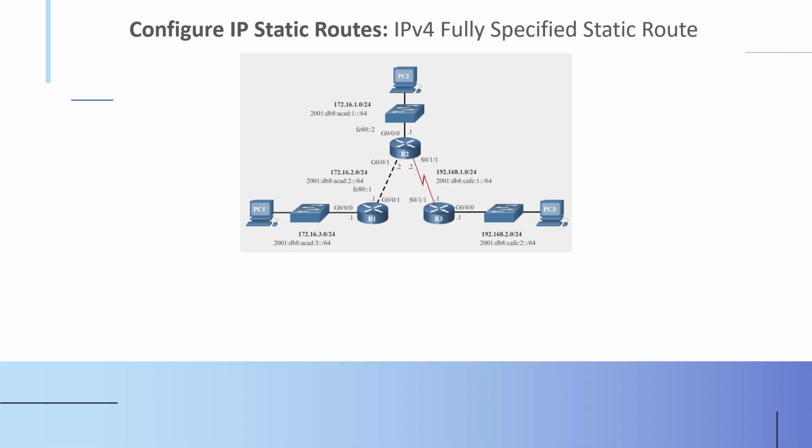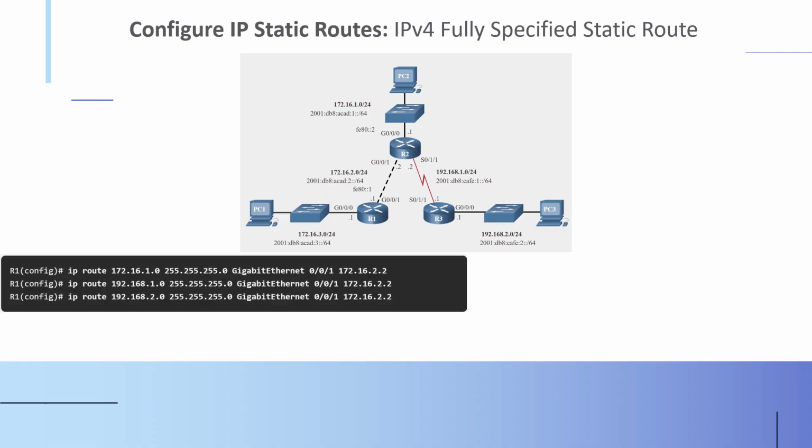So you can also use a fully specified static route that includes both the exit interface and the next-hop address. Here we are configuring router 1. We are adding the 3 remote networks by using the IP route command.